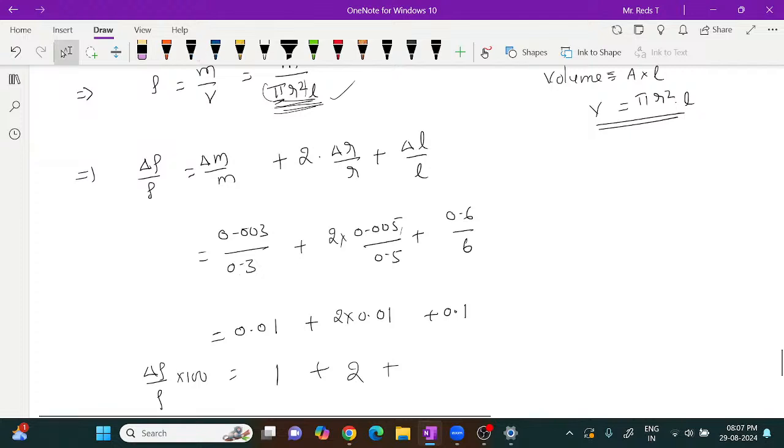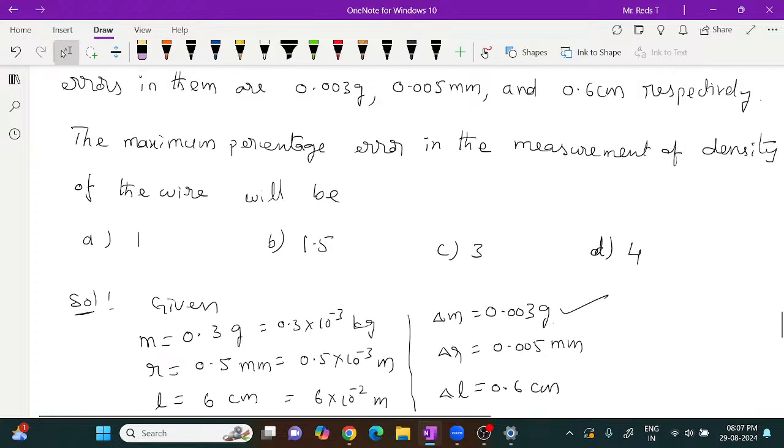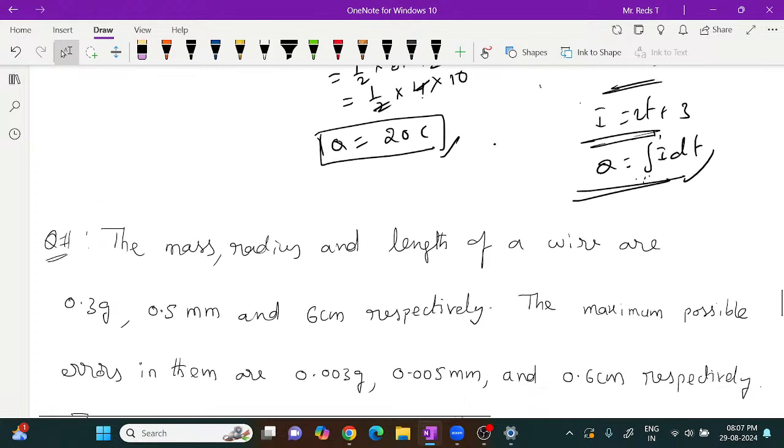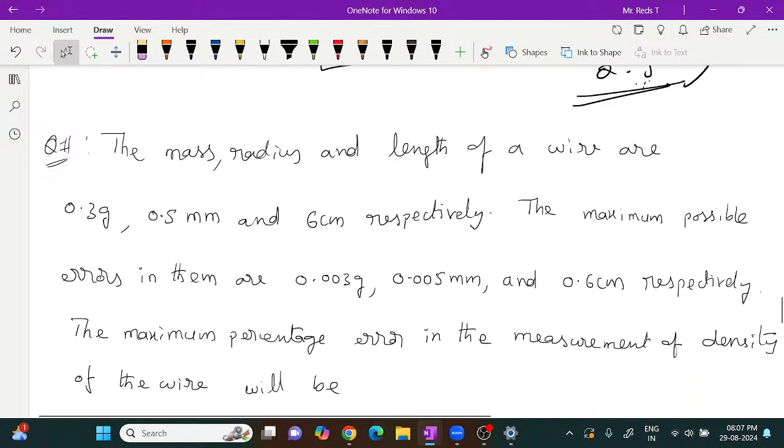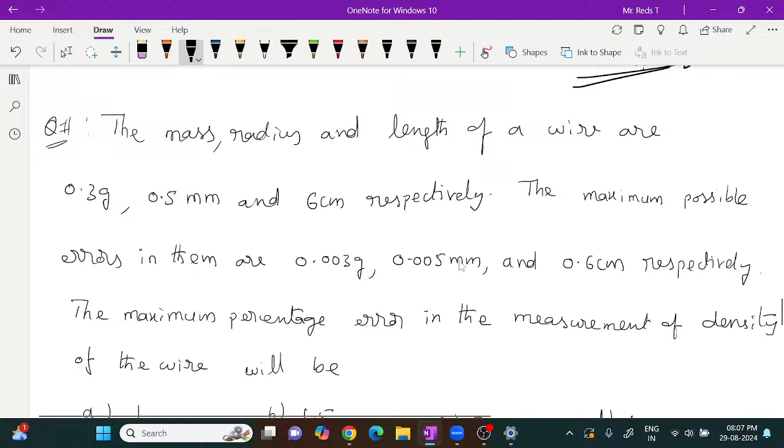Actually, here I think we have made a small mistake in the change in length. Change in length delta L is not 0.6 centimeters. It is supposed to be 0.06.